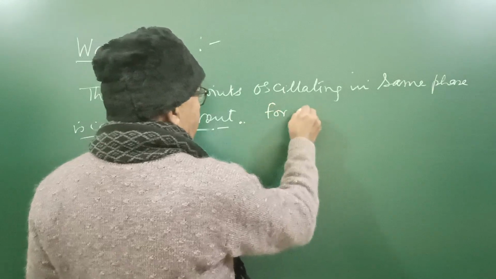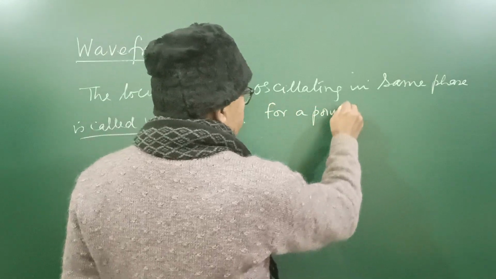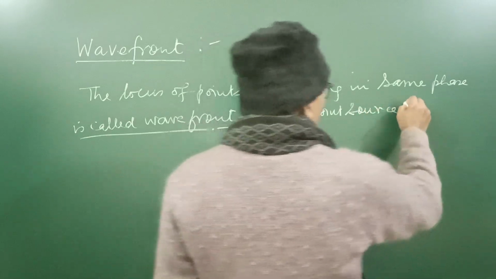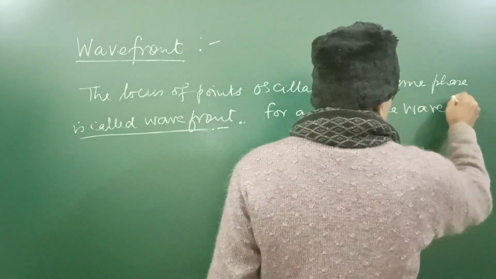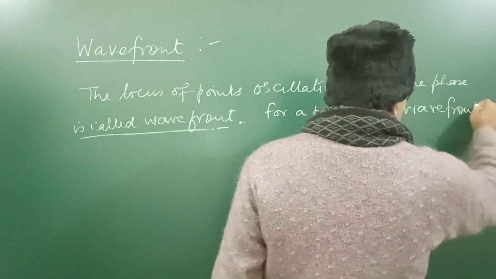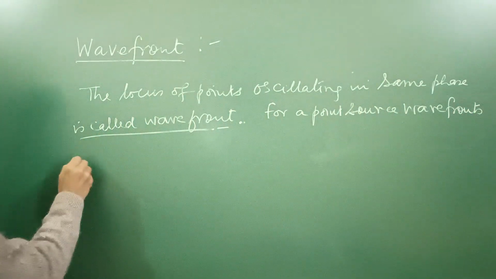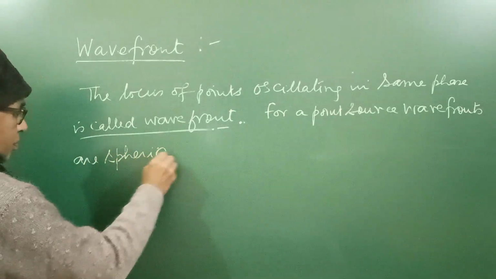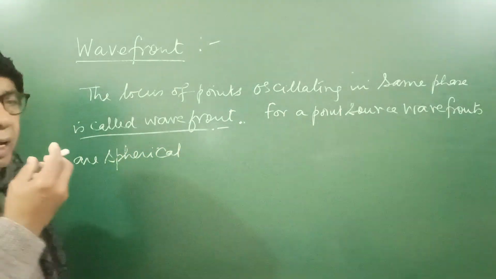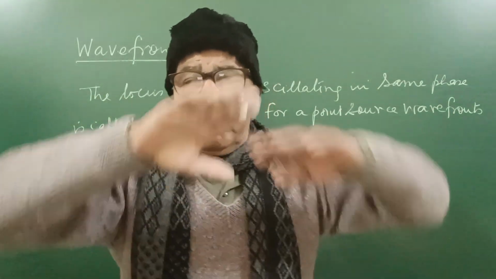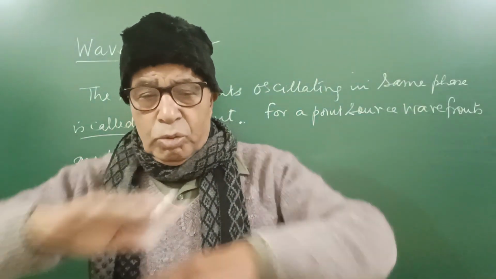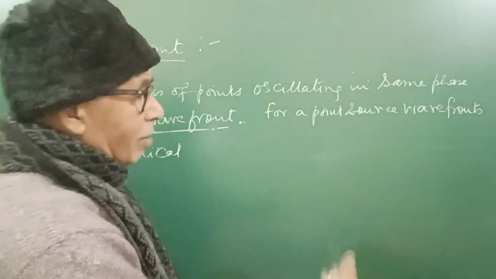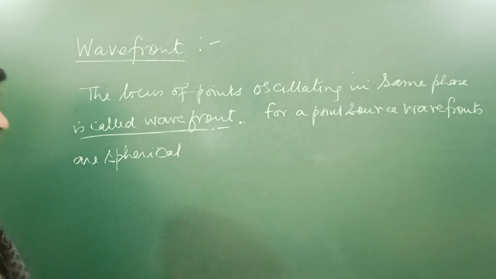For a point source, wavefronts are spherical. I am a source here producing a sound wave. They spread in all directions, so spherically. In the figure, on the plane surface of water, the wavefronts looked circular.